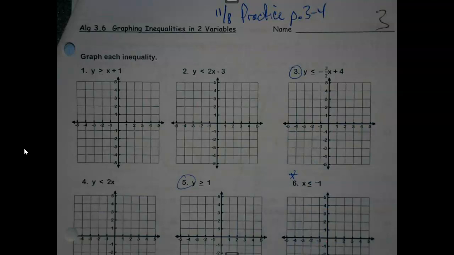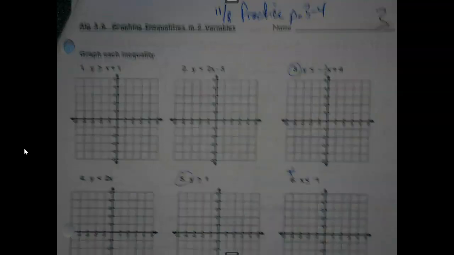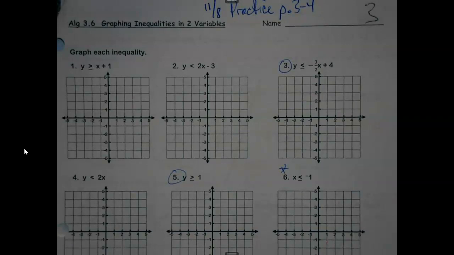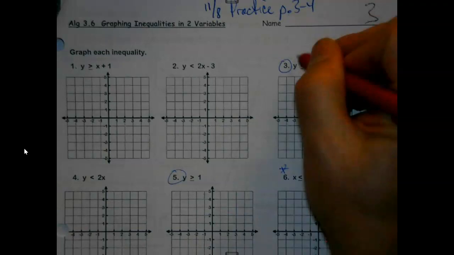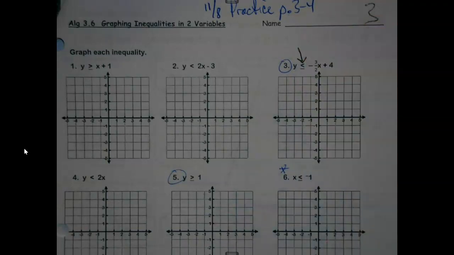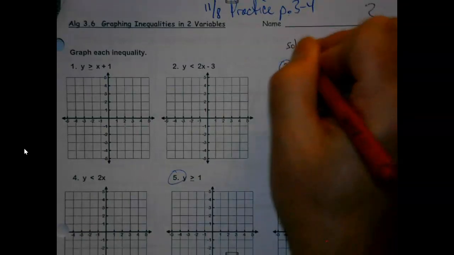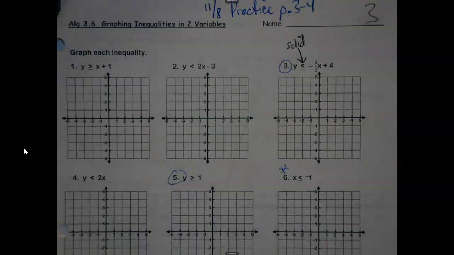That's good. At least for the ones that I do with you, I'm going to label all the pieces. First question, here's my arrow. Is this going to be dotted or solid for my line? Solid, because it's or equal to. Okay, so I got that.